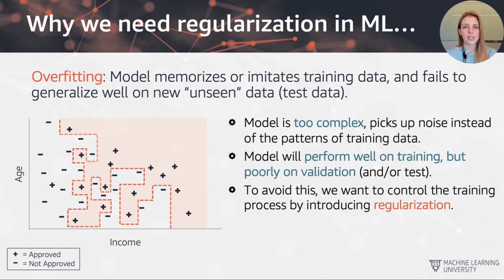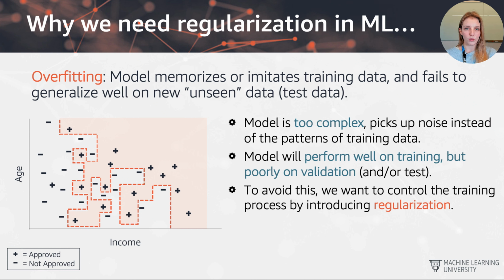You're just imitating what you see in the training data, but you don't generalize. So that means the model is too complex. It might be picking up on noise instead of the true underlying patterns in the training data. And as I just mentioned, the model will perform well on training, but poorly on validation and obviously also on the test data.